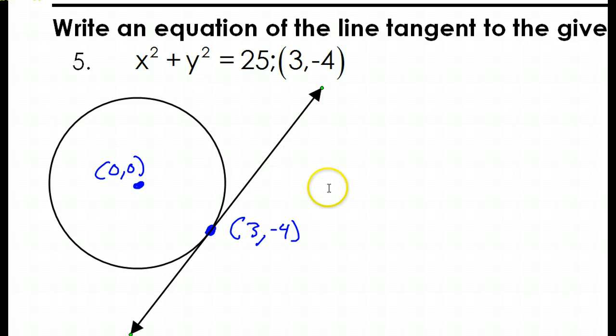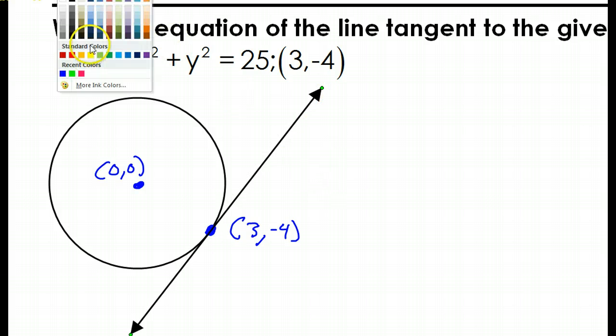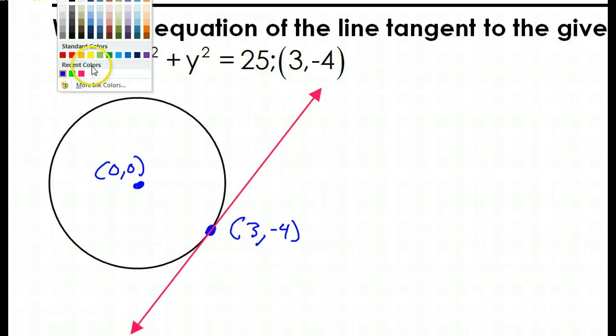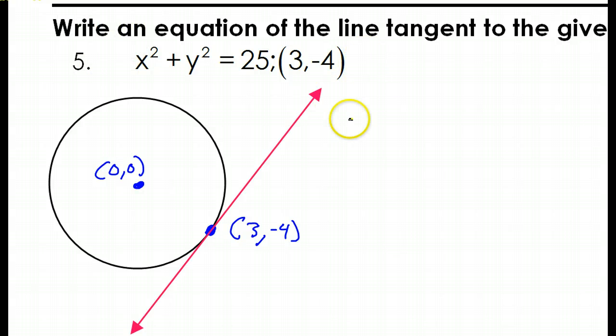Okay. So that's what's happening. Alright, so this pink line is the tangent line. And we're supposed to write an equation of the tangent line. So we're supposed to write an equation of this pink thing. Please understand that, and this is something you're supposed to know from a previous class, the equation of a line is like y equals mx plus b, right?